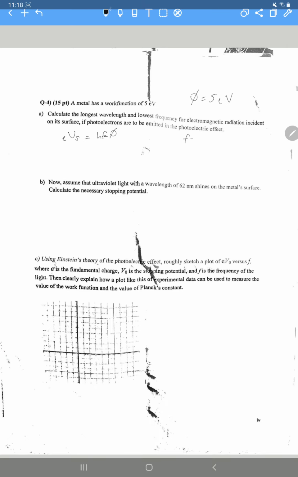So now we need to find the lowest wavelength and lowest frequency for the electromagnetic radiation incident on the metal surface that has a work function of 5 electron volts. So we just write this, and we know the relation between the frequency and the wavelength is quite simple.